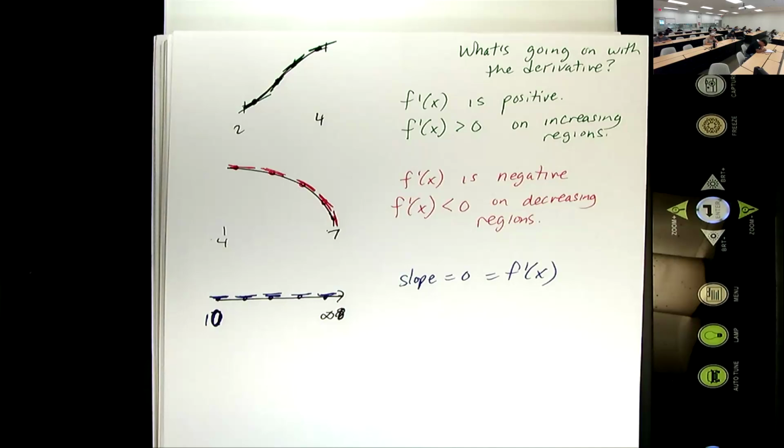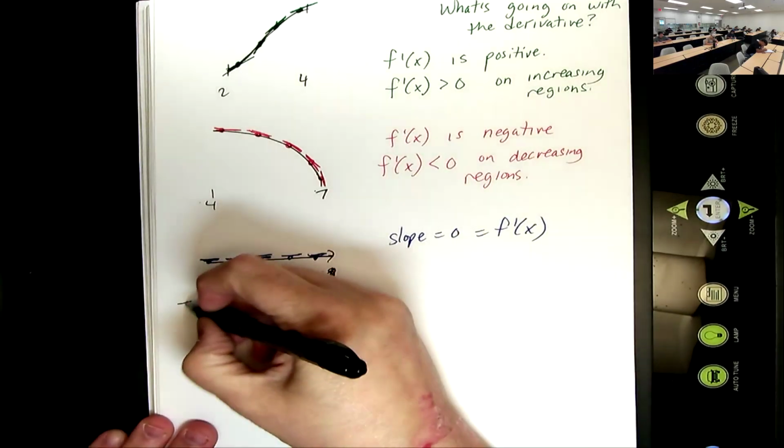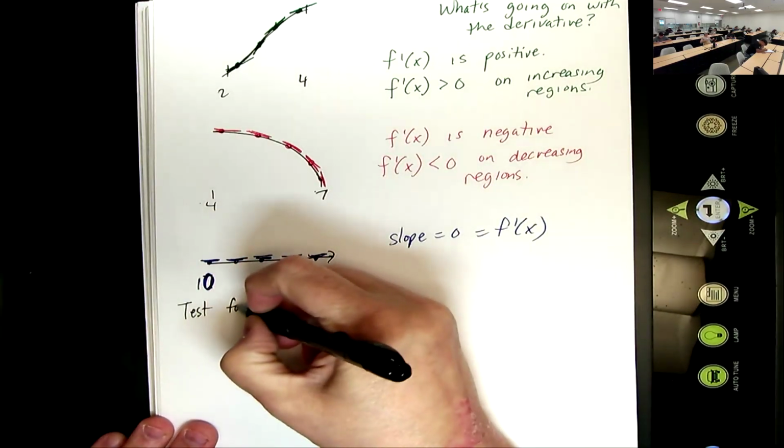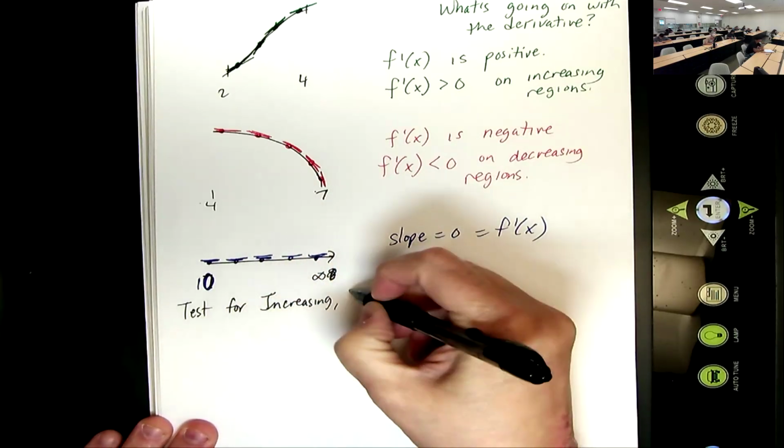So this actually gives us a test for increasing, decreasing, and constant regions.